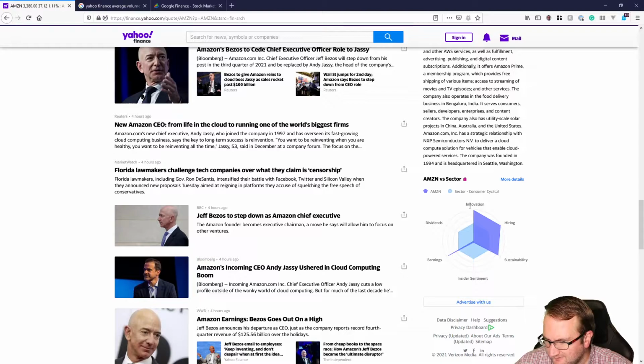So covering innovation, hiring, sustainability, insider sentiment, earnings, and dividends. So you can see here kind of what the sector is at and what Amazon's at. So innovation, hiring, and sustainability is a very good target there. And whereas maybe dividends is lower and insider sentiment is lower.